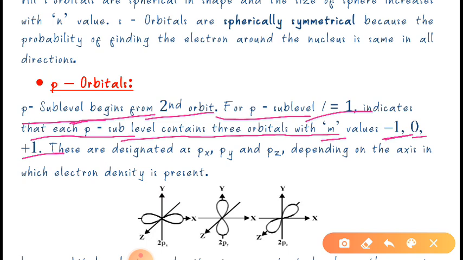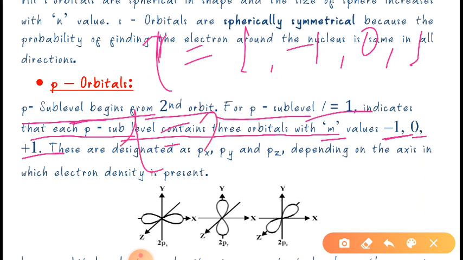If L is equal to 2, then it will be minus 2, minus 1, 0, 1 and 2, like this, 5 values.